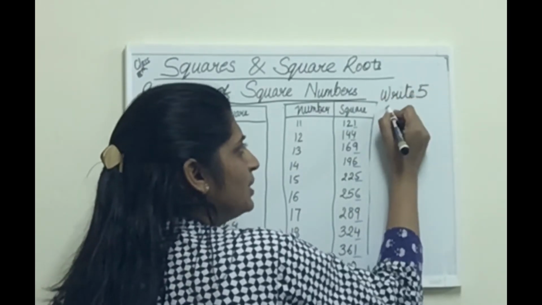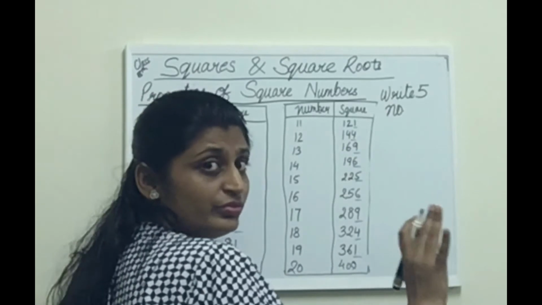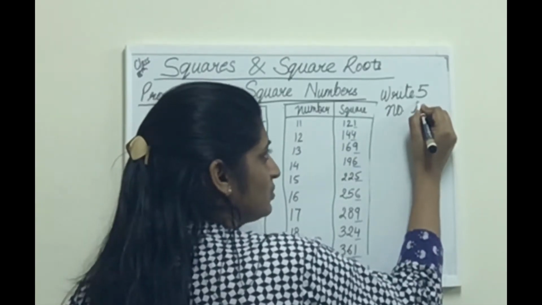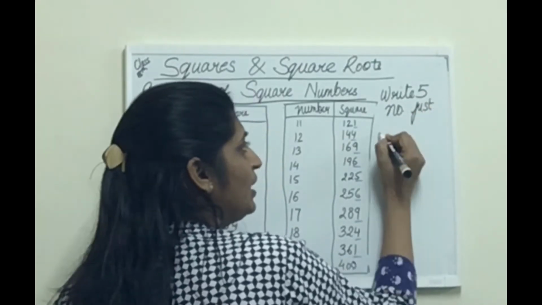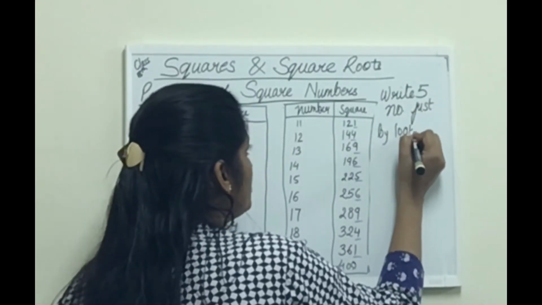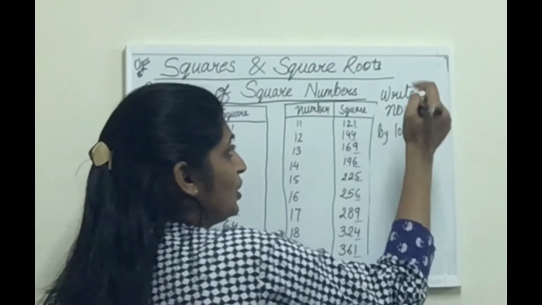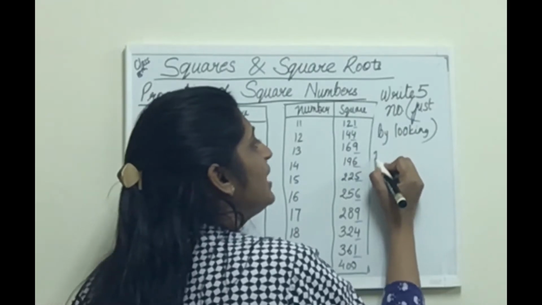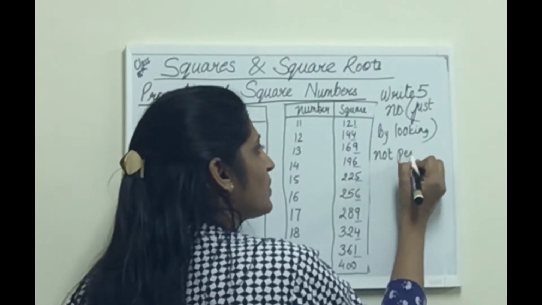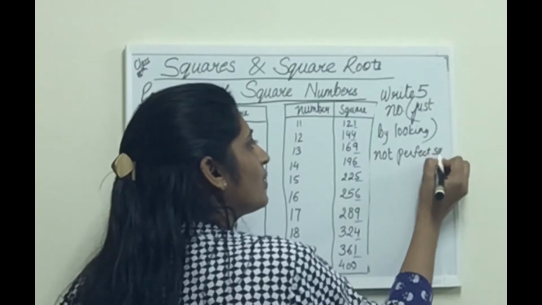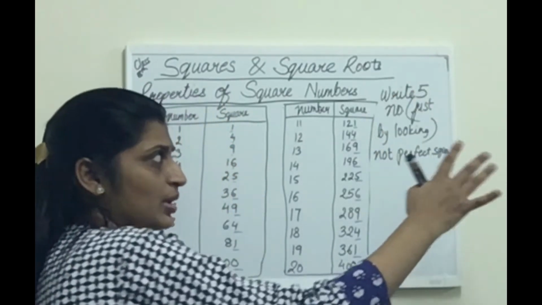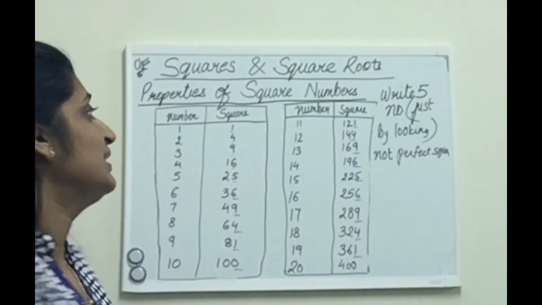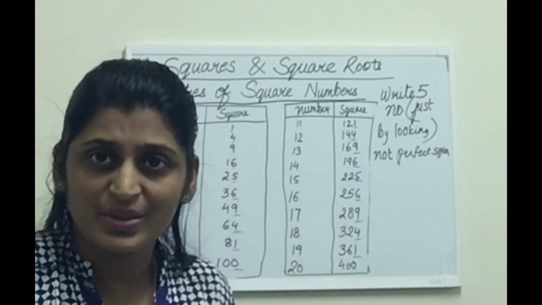Write 5 numbers which, just by looking, you can say that they are not perfect squares. You don't need to solve, I'm specifying it, you just by looking say that they are not perfect squares.